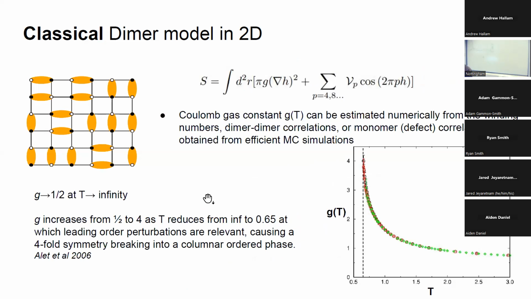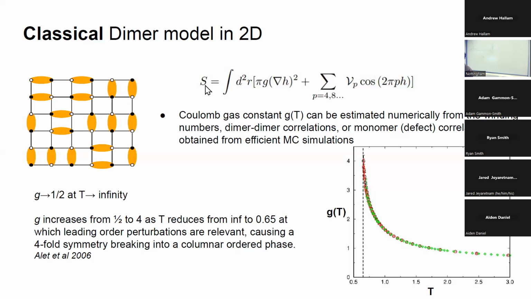For the interacting dimer model, the Coulomb gas constant can be estimated by numerically calculating the correlations between dimers and comparing those with the correlations that can be predicted from the height model.